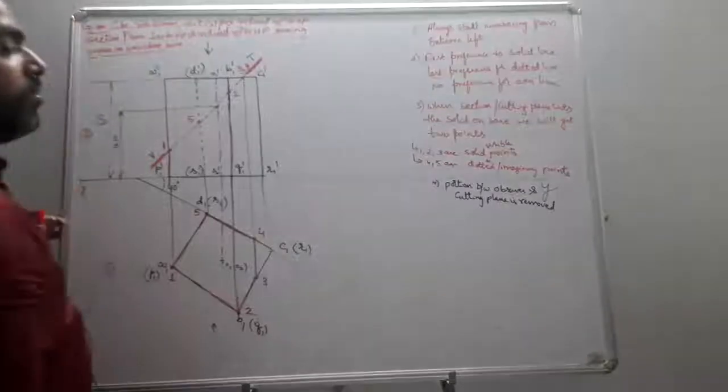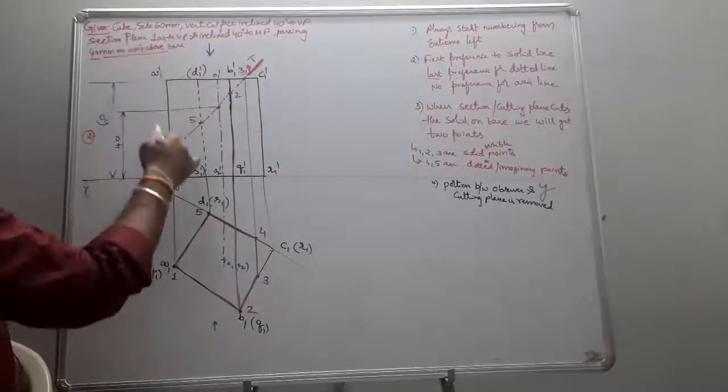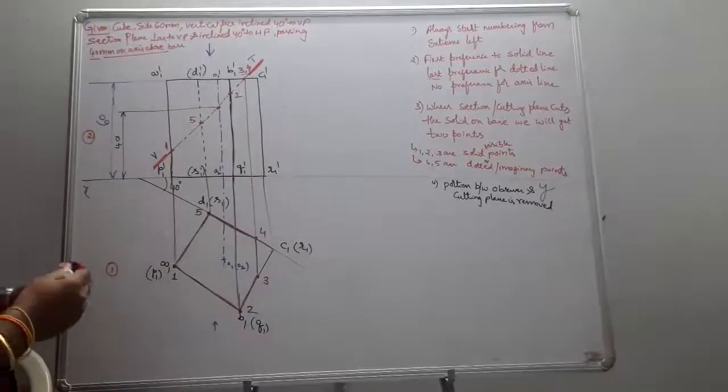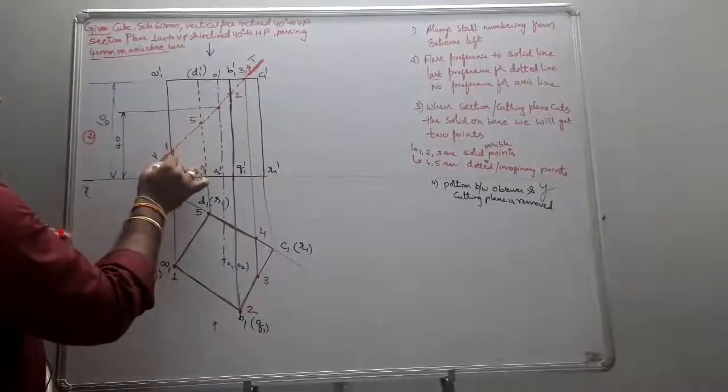So the portion between the observer and the cutting plane is removed, and the remaining is nothing but your retained portion. So the retained portion is going to be, let us see.